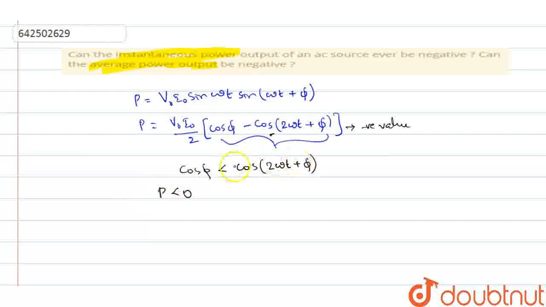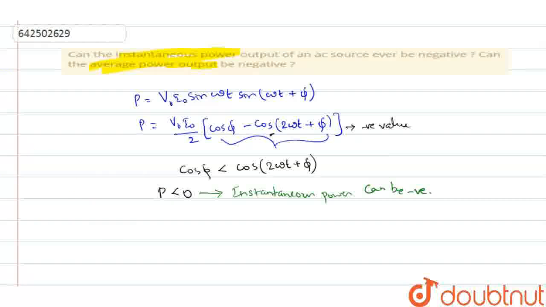So from this, since P is less than 0, you can say that the instantaneous power can be negative.